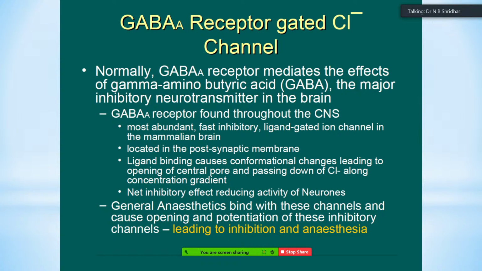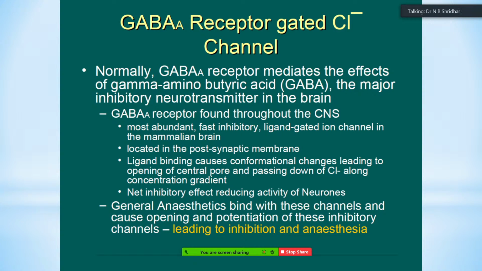These are the most abundant type of receptors, the inhibitory type. If you use the agonist GABA, then the action of GABA on the GABAergic receptors is going to increase the chloride ion concentration inside the neuron and produce an unconscious state.